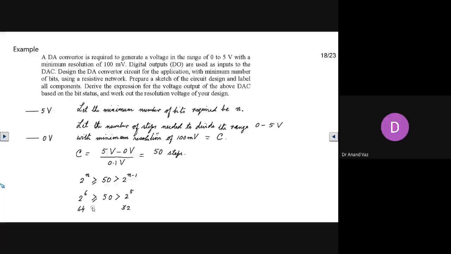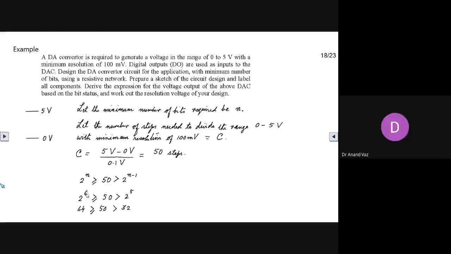So you can see the minimum number of bits. Can you tell me what will be the minimum number of bits that will be required? Should we choose 5 bits or 6 bits? 6.